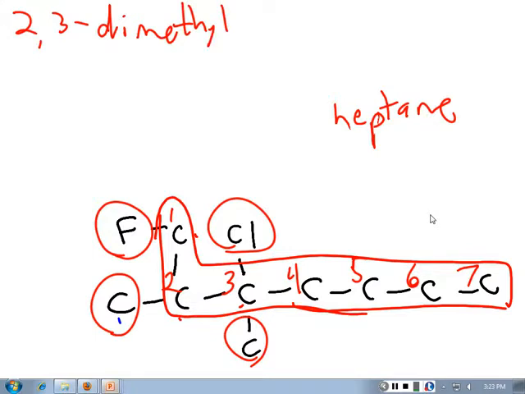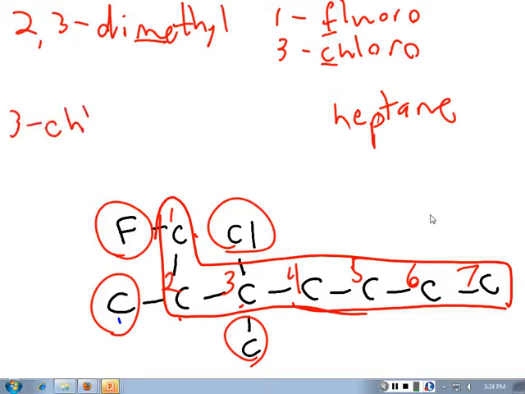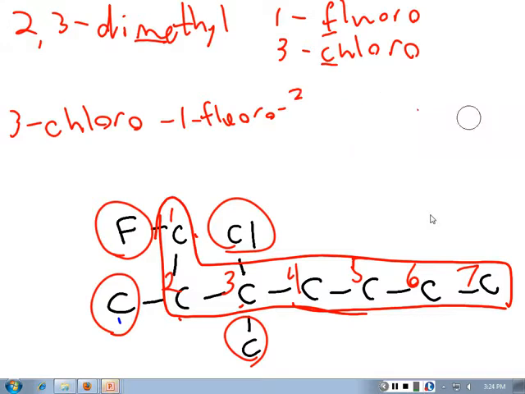We will have 1 fluoro, and we have 3 chloro. So we have to look at what order it's going to be. Chloro is going to come first because of the C, then fluoro because of the F, and finally methyl because of the M. So remember, di again doesn't count. So 3-chloro, 1-fluoro, 2,3-dimethylheptane.